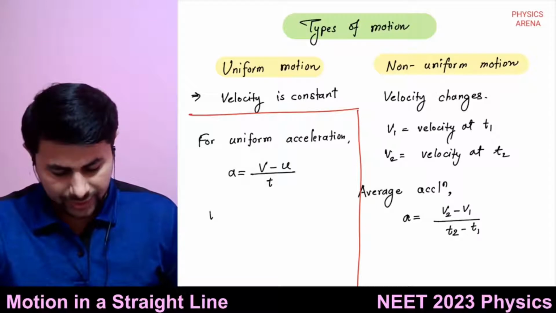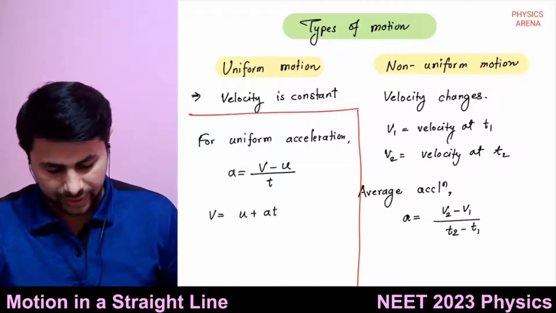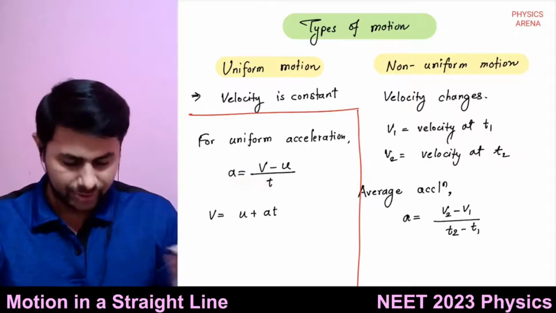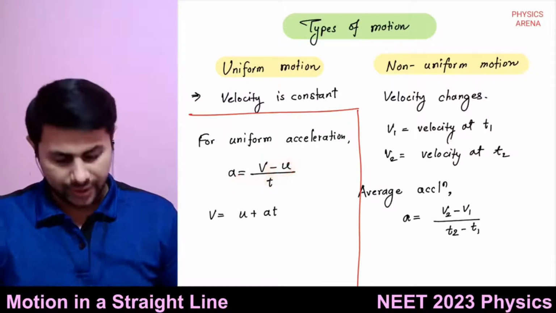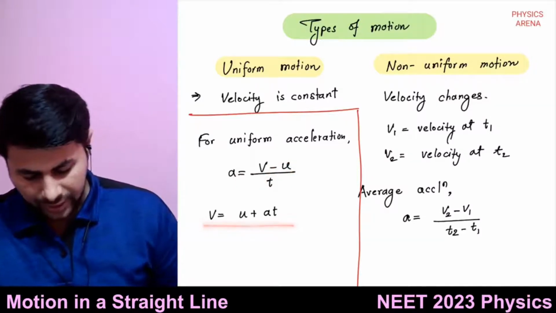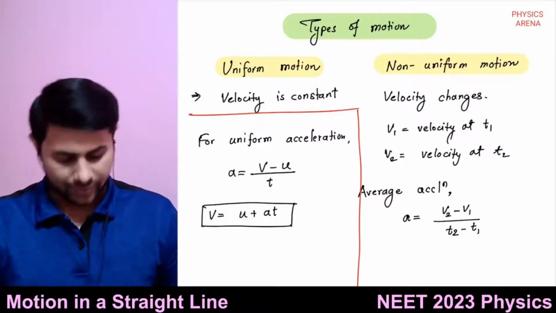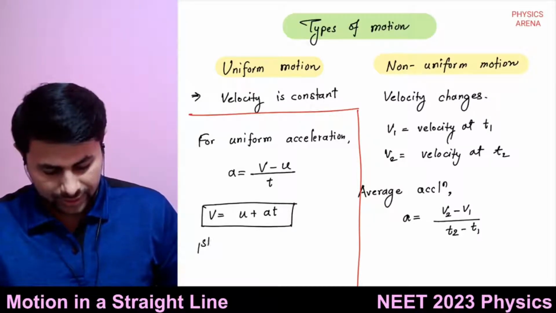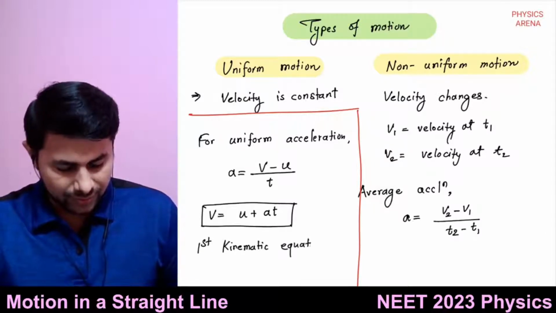This t goes to the left, it goes in multiplication, and then minus u you can take on the other side, so it becomes plus u. So v is equal to u plus at is your first kinematic equation of motion.